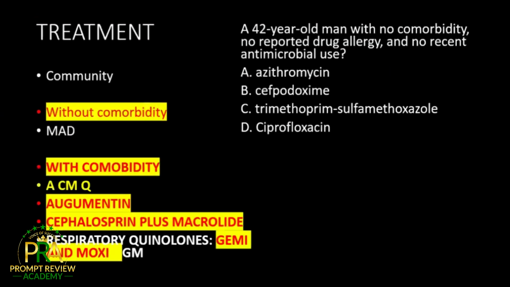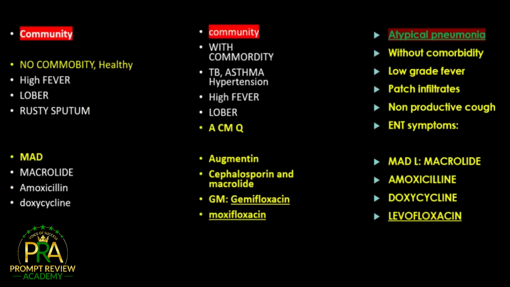So these are all the things that we covered, in summary. This is the chart: community acquired pneumonia and atypical pneumonia. It's just a recap of what we have studied.